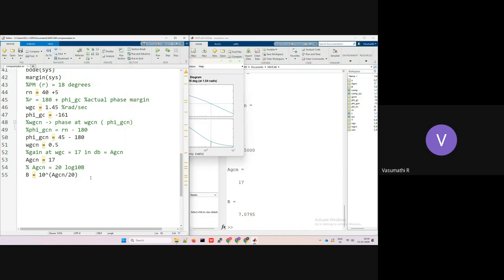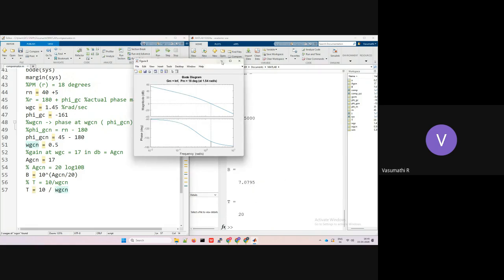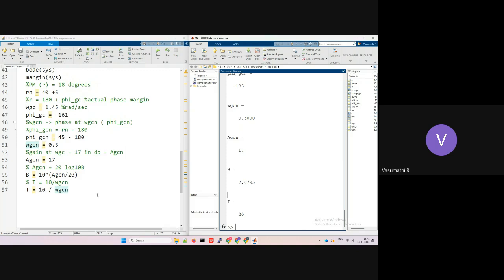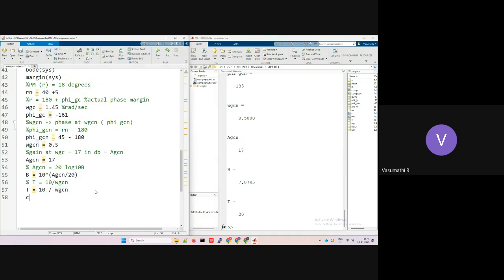Now I want to find T also, right? The formula for T, all this I have written in the notebook. You can go ahead and check with this. This is your formula for T. So T is equal to 10 divided by omega GCN, that we already found, that is 0.5. T is your 20. Now we have beta and T. We can just find the compensator system.